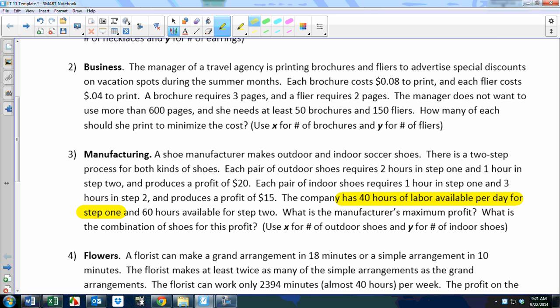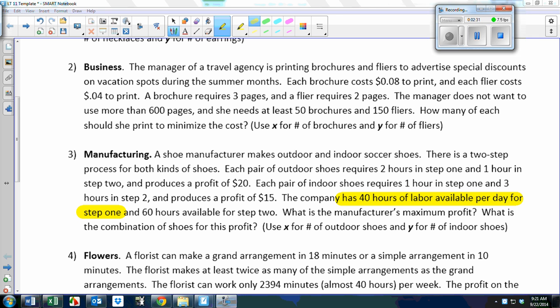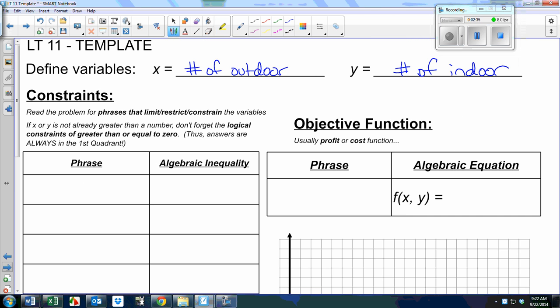You can't use over 40 hours in step 1. So that phrase, and then of course the next phrase, 60 hours in step 2, those are your 2 phrases. 40 hours available, step 1; 60 hours available, step 2.